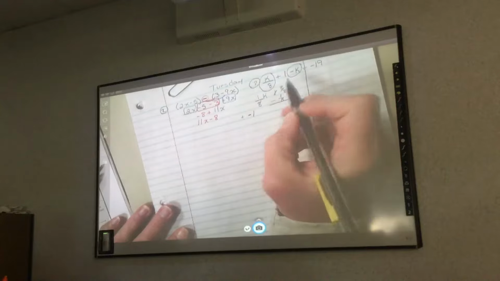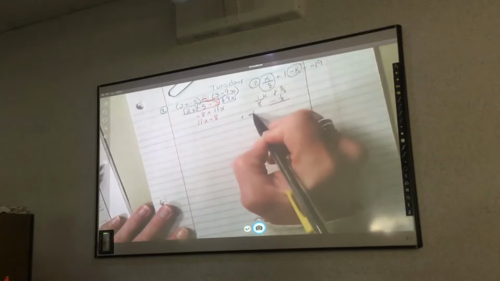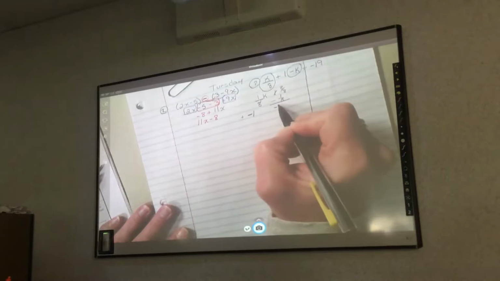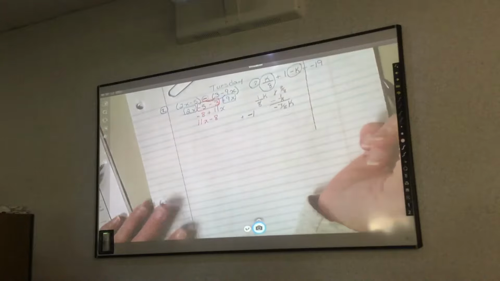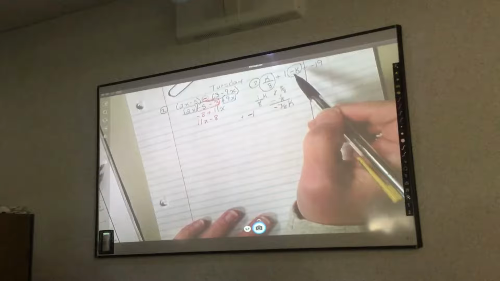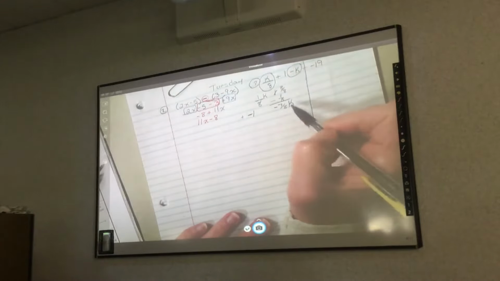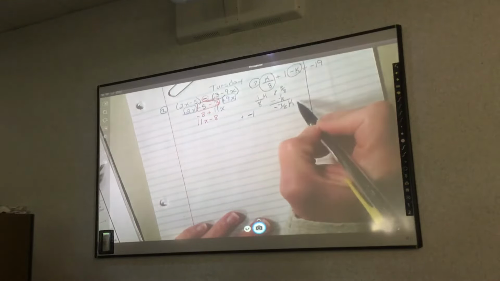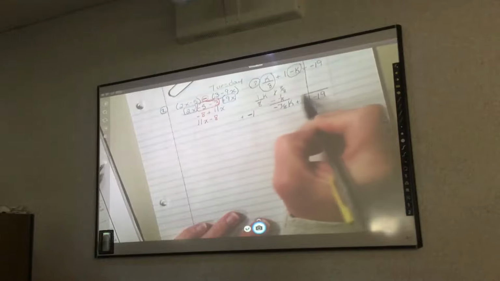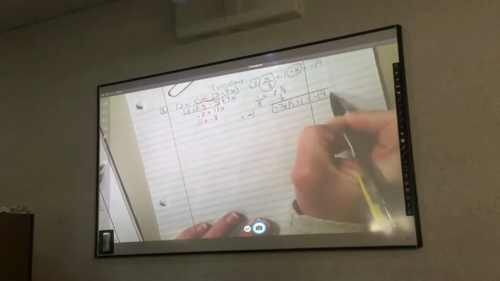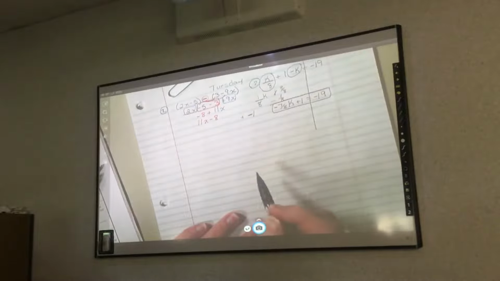So now I have, and then 1 is negative, so it's going to be a negative 7 eighths k. You guys see how I combined those? And then I have a negative 7 eighths k plus 1 equals a negative 19. So this now is my problem. You guys understand that? Okay?